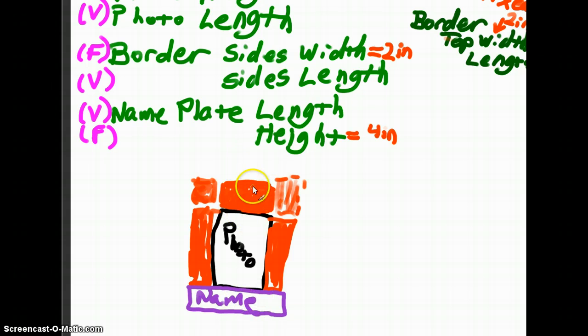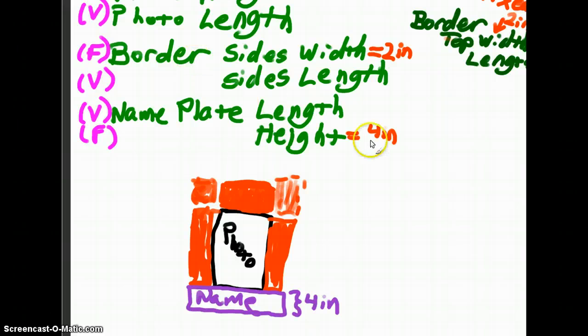And now we need to start worrying about what the relationship is with all of this. The first thing I want to look at is this nameplate. I know that the nameplate is going to be 4 inches in height, and then this length right here, we don't really know what that is. We'll get to that in a second.